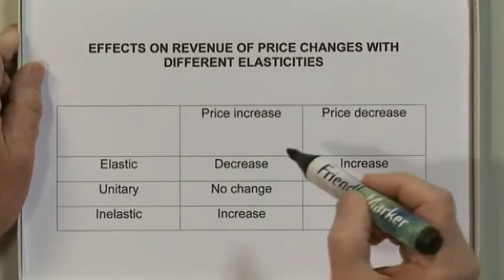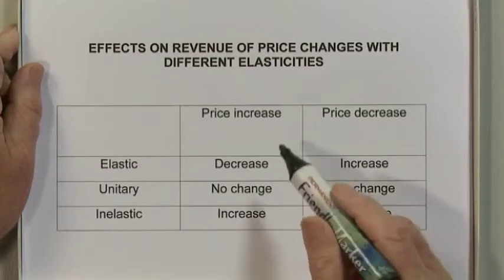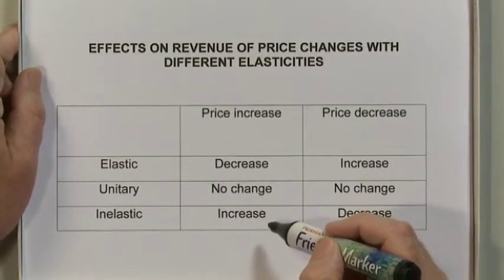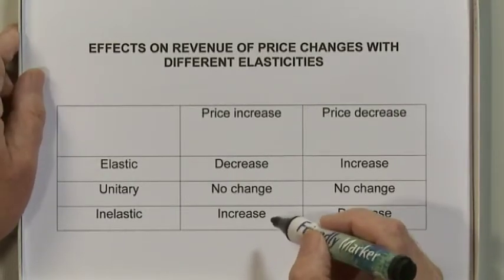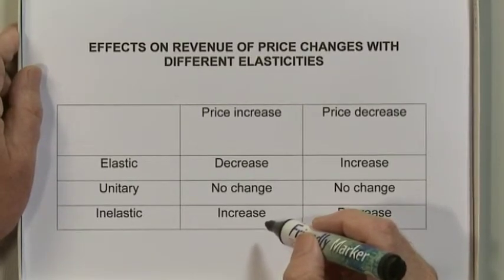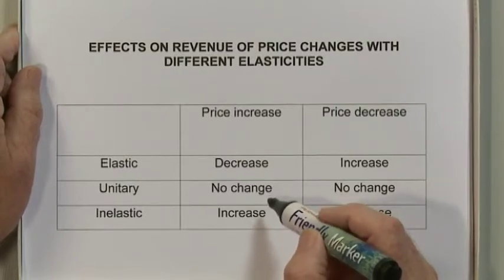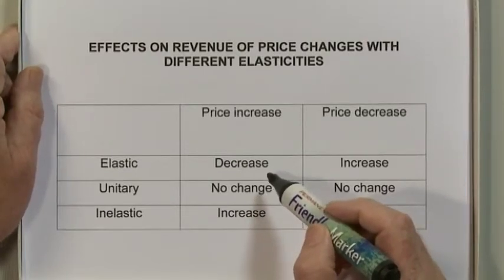If we move up the demand curve, if we start off with an inelastic demand and we increase price, revenue increases because the proportionate decrease in quantity demanded is less than the proportionate increase in price. Revenue rises. No change for a price increase if it's unitary. But if we try to raise price when demand is elastic, we'll find that revenue decreases.